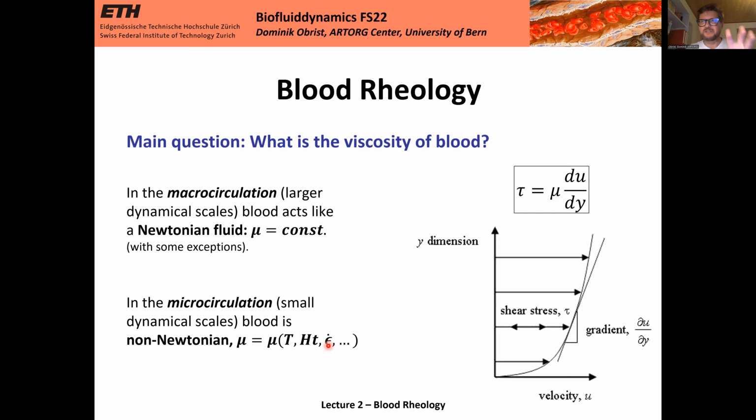First thing I just want to say, we talk of a Newtonian fluid if this mu is a constant. We talk of a non-Newtonian fluid if mu is a function of some other parameters. For all practical purposes, we will assume that blood can be considered Newtonian in the large blood vessels, in the macro circulation.